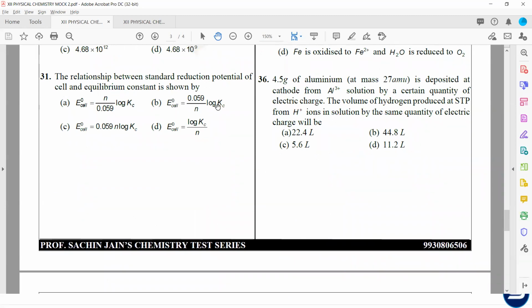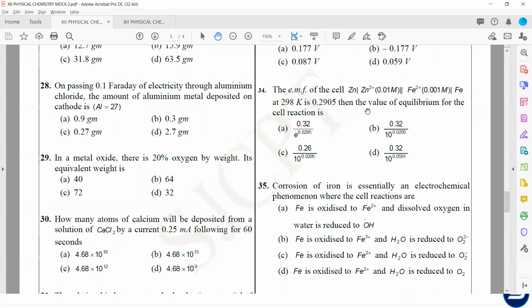For the equilibrium constant calculation you always require the standard EMF of the cell, not the non-standard. Now the cell is a non-standard cell, with 0.01 and 0.001 molar, so what is given is E of the cell. First of all, for the equilibrium constant we require the E naught. So how will you calculate E naught from E?